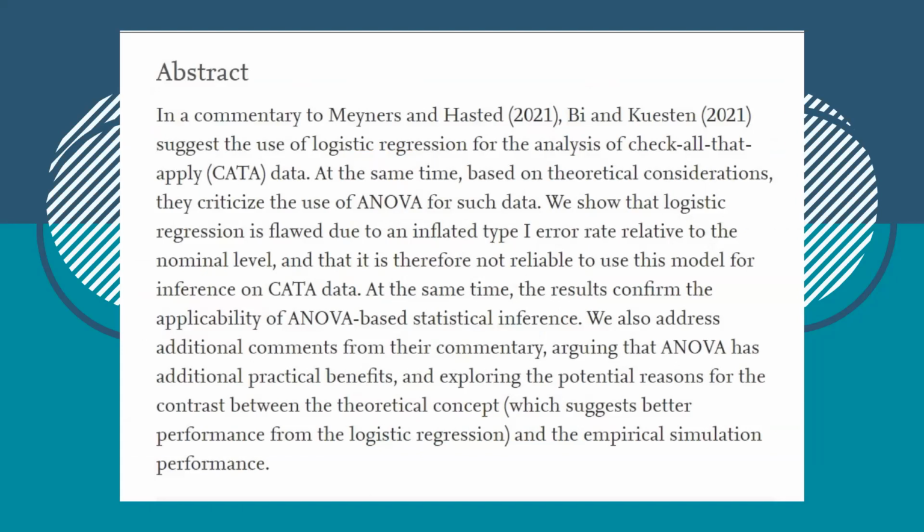They show that logistic regression is flawed due to an inflated type 1 error rate relative to the nominal level, and it is therefore not reliable to use this model for inference on check-all-that-apply data. At the same time, the results confirm the applicability of ANOVA-based statistical inference.